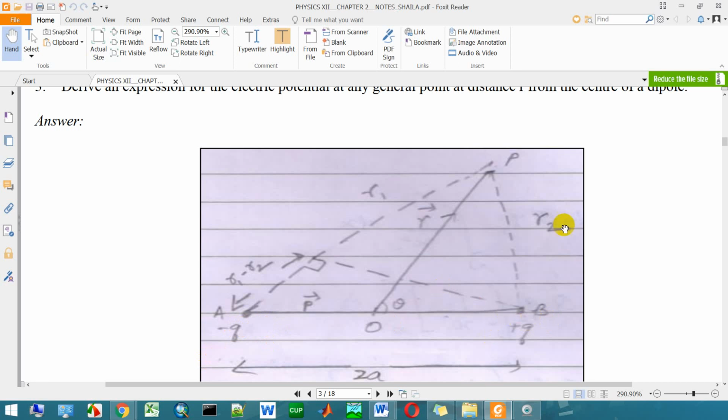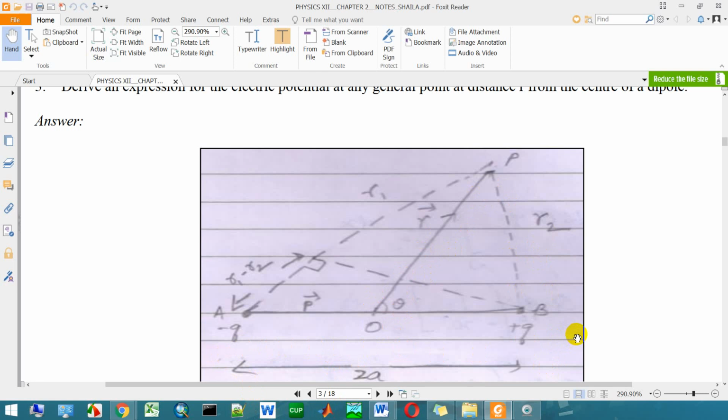So the diagram here, O is the center. The distance of point P from O is r. The distance of point P from minus Q is r1. The distance of point P from plus Q is r2. Theta is the angle which this r is making with the direction of the dipole moment.